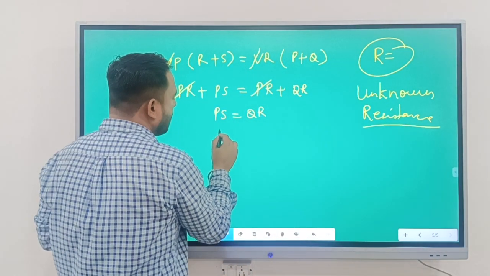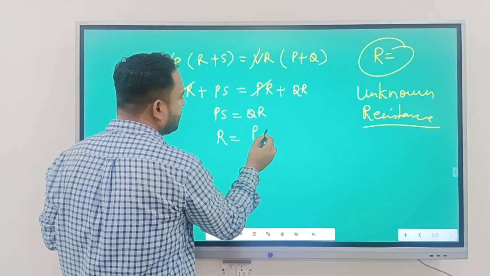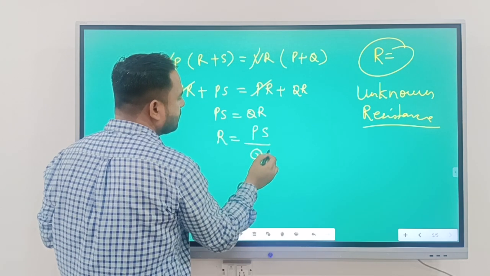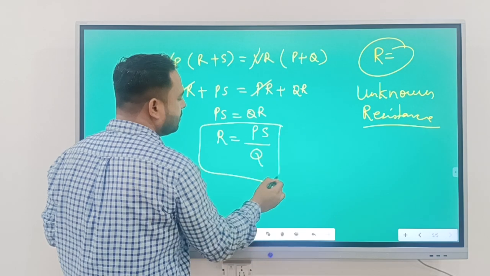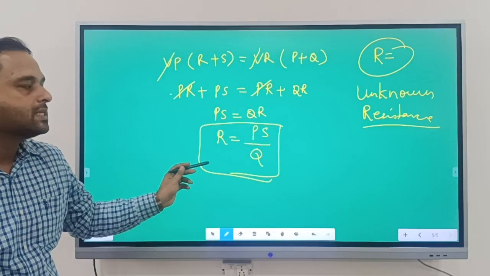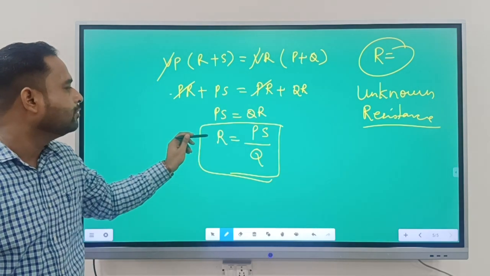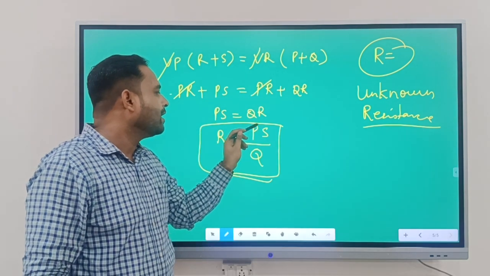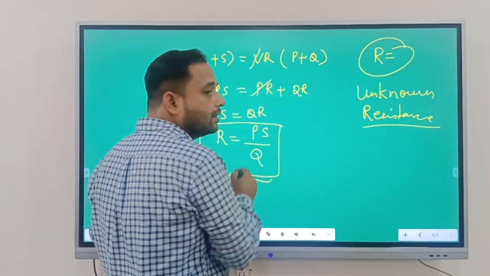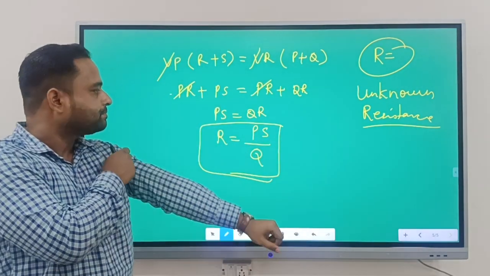So R is equal to PS by Q. This is how the Wheatstone bridge identifies the value of R if you have these given resistances.